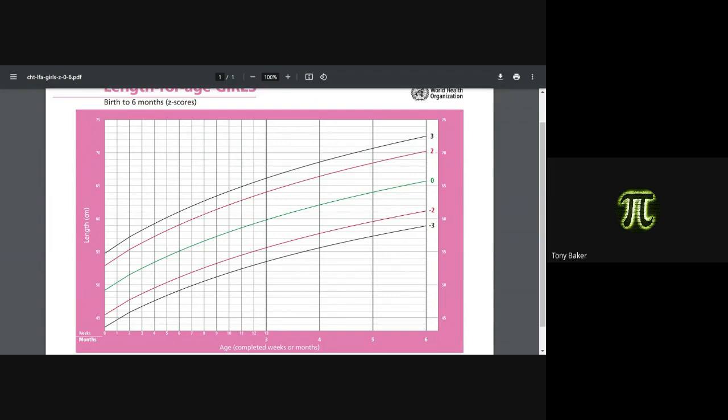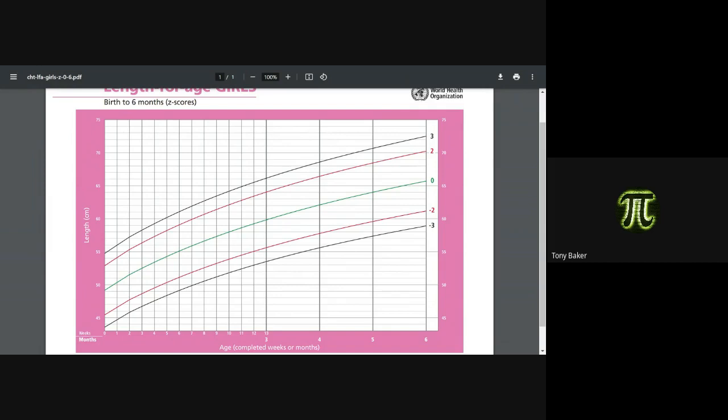Zero standard deviation. Okay, so that green line is your mean. They don't put 1 standard deviation on here. I don't know why, but they put 2 and 3. So you can start to see the extremes under the outer edge.